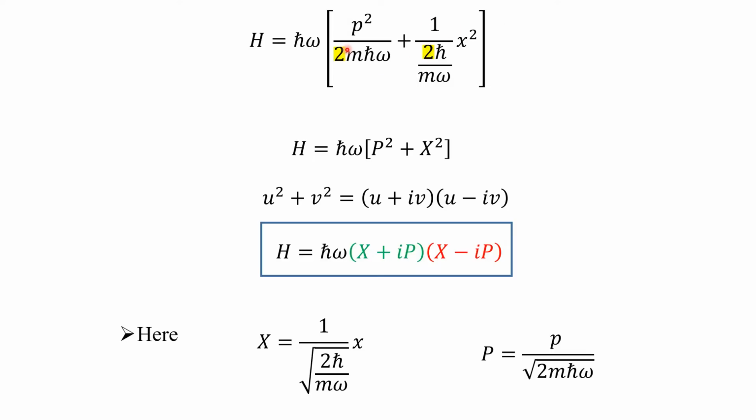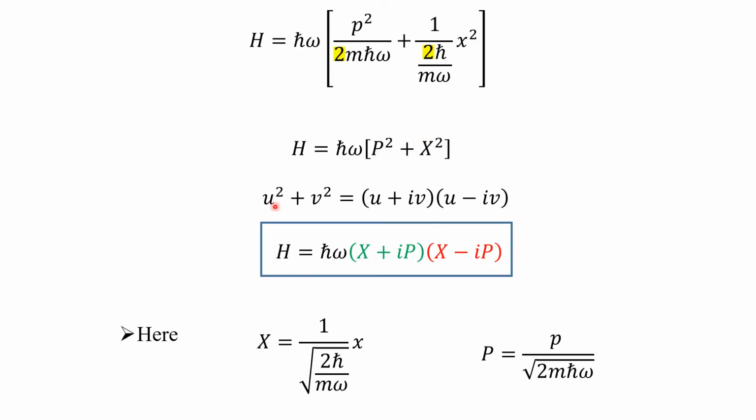So what I am going to do is keep small p squared over 2m h cross omega as capital P squared. Similarly, 1 over 2 h cross divided by m omega multiplied with small x squared, I am going to keep as capital X squared.